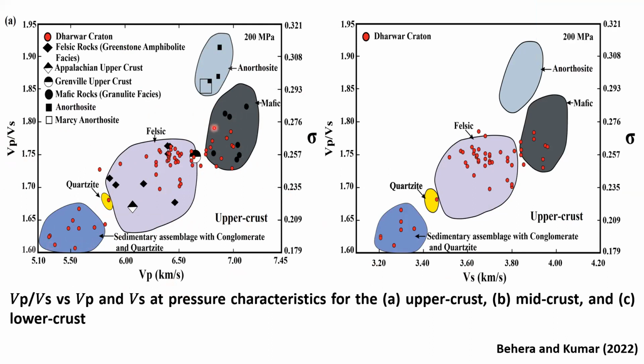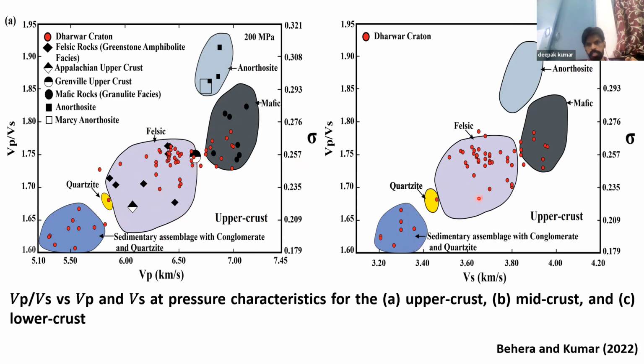So we see how our data points are falling on this laboratory work. We see the presence of sedimentary assemblage or volcano-sedimentary assemblage on the top layer, then the presence of quartzite, then felsic rocks, then mafic rocks.